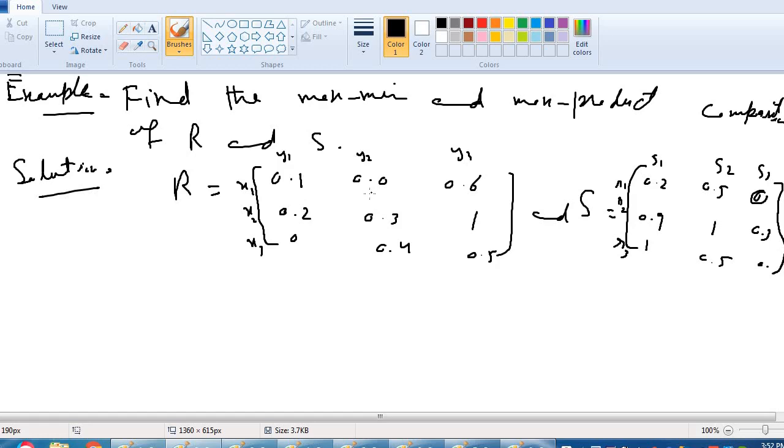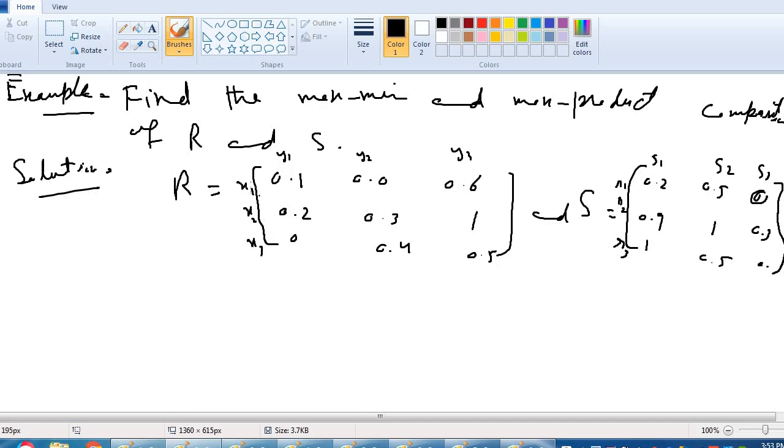membership value 0. x1, y3 has value 0.6, and x2, y1 membership value is 0.2. Similarly, x2, y2 has 0.3, x2, y3 has 1. So in this way we have these values.